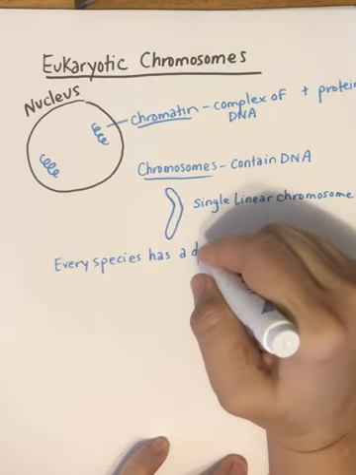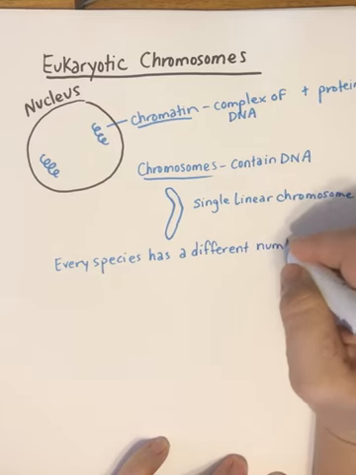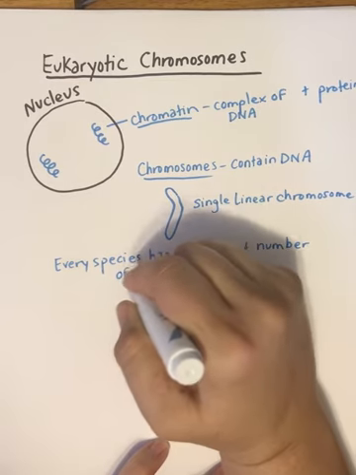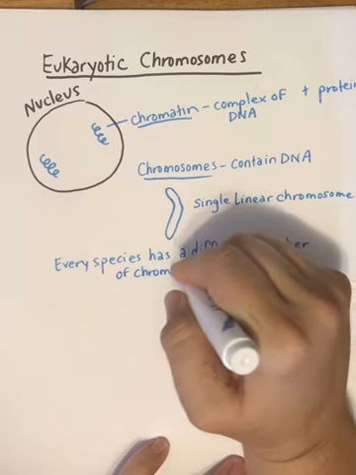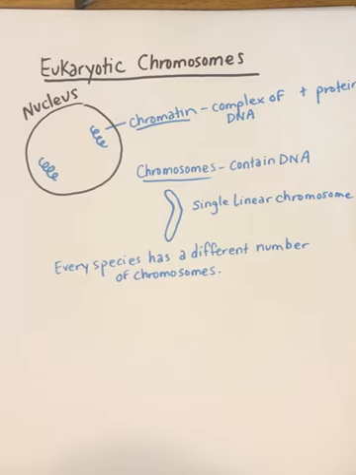Now, every species has a different number of chromosomes. If we were to look up how many chromosomes there were in a fly versus a tomato plant versus a giraffe or a human being, every eukaryotic cell has a different number of chromosomes, and that helps us identify different species.